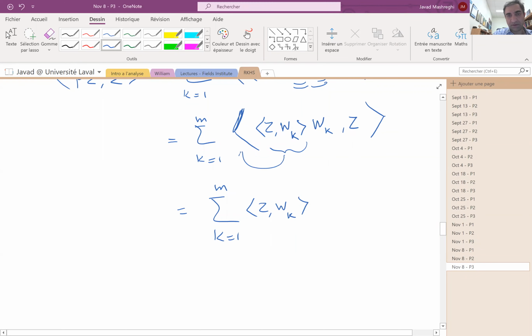Take this out, and it's wk and z, which is the conjugate of the first one. So the sum k from 1 up to n of the absolute value of z wk squared.